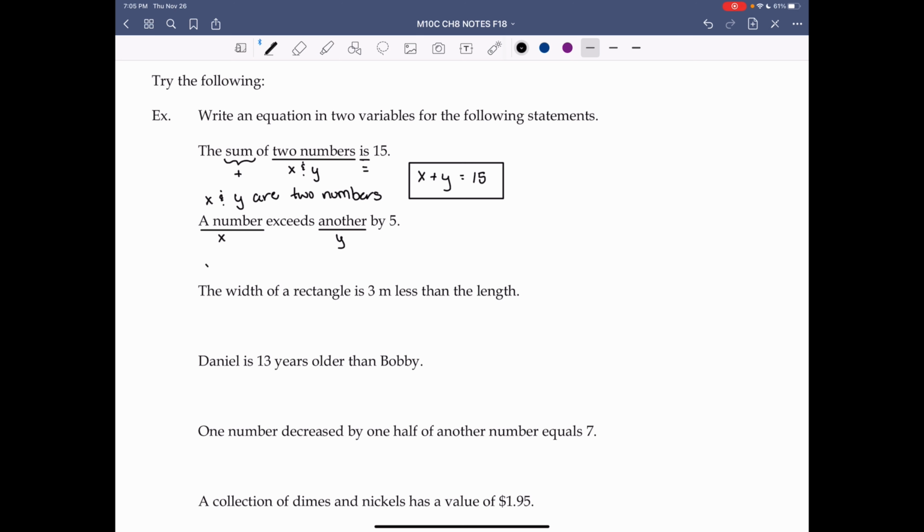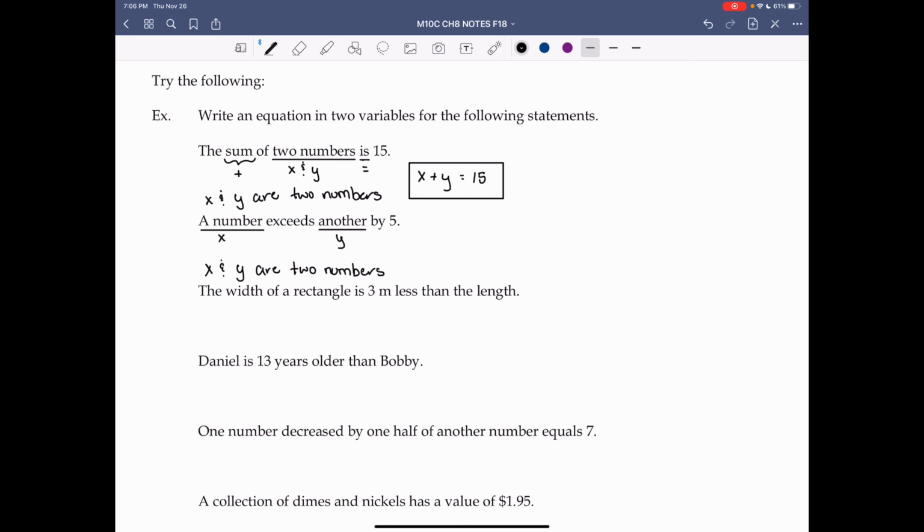So again, x and y are two numbers. Then we want to write an equation with x and y to represent this statement. A number exceeds another by 5. So x exceeds y by 5.